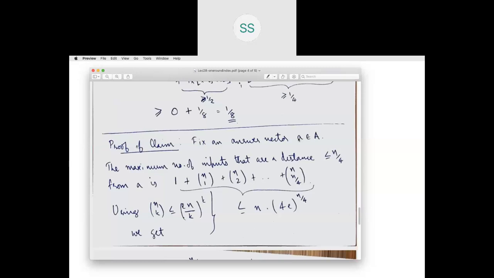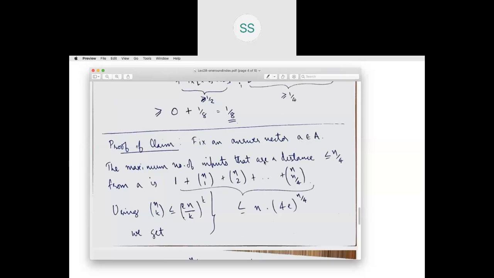By that I mean how many x's are at a distance at most n by 4 from this. That is the number of x's which are made good by this a. And we are going to show that this is not so high, and hence the total number of answer vectors possible times the number of input vectors made good will still not span the entire thing.